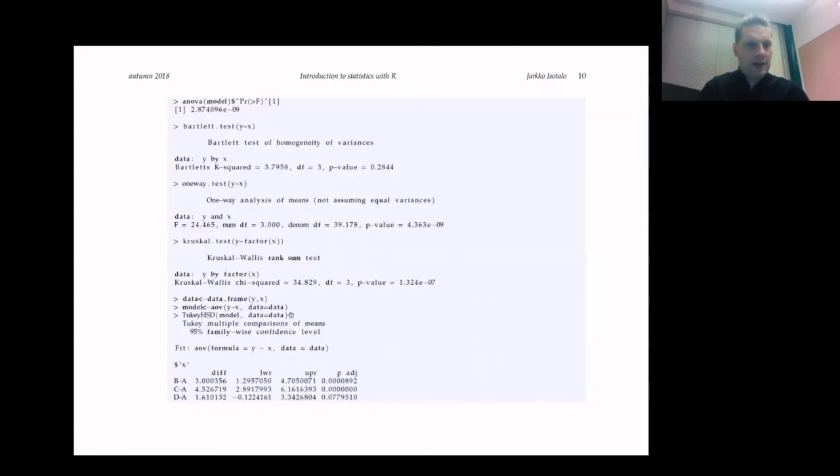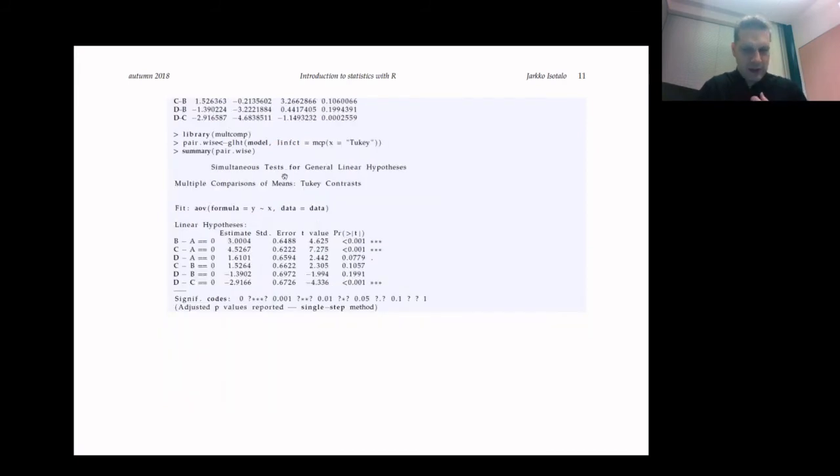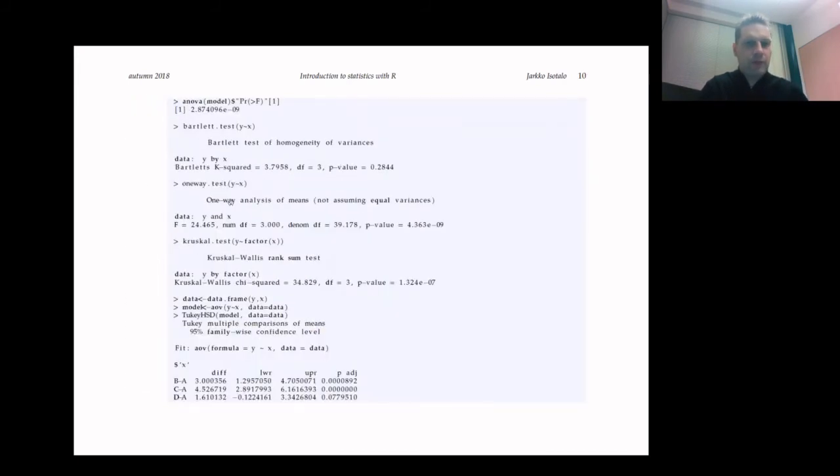However, if we had clearly rejected the null hypothesis of homogeneity of variance based on this parallel test, then one way to proceed is to use this one-way test function, which is testing again the equality of means, but not assuming equal variances.